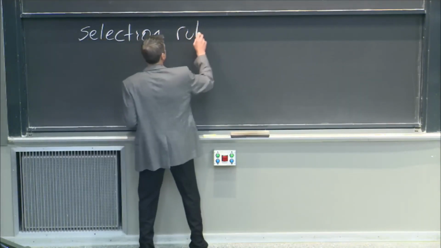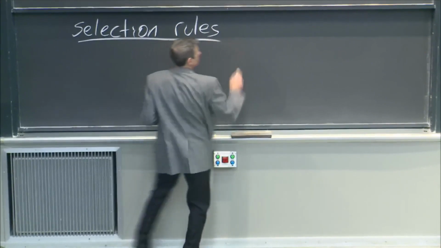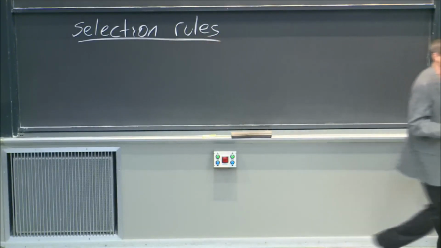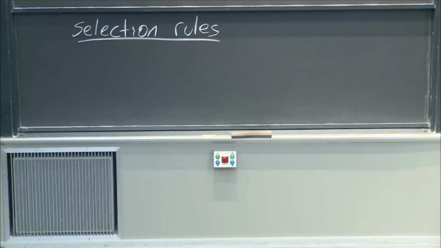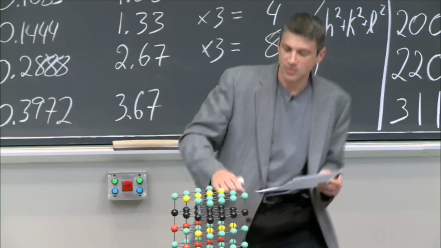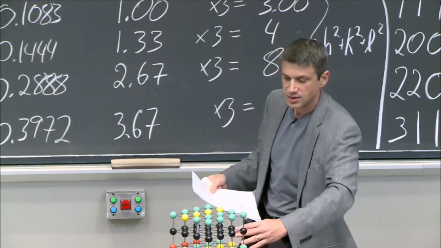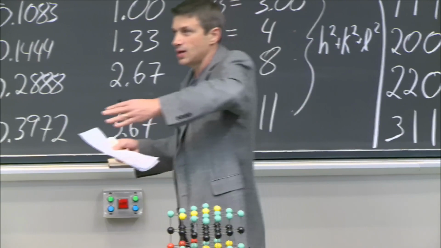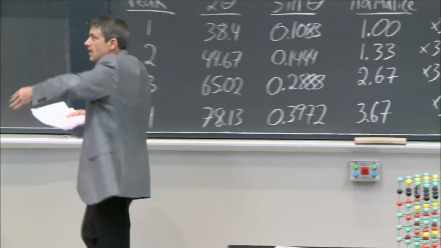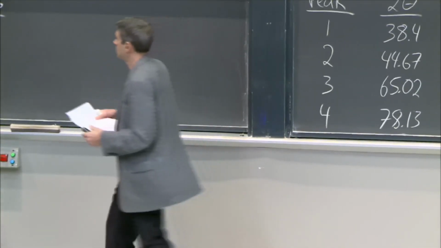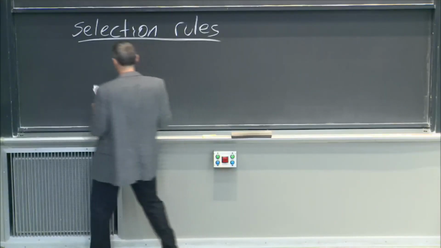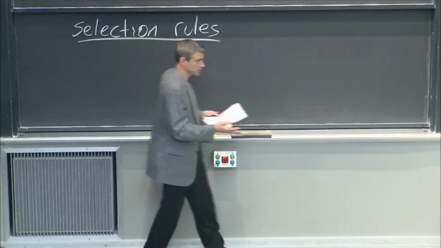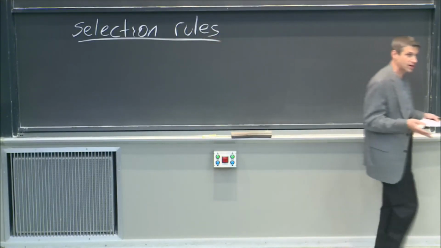I don't need you to know how to derive the selection rules, but I did talk about why they come about. Because for some of these cuts, you could have a plane in between that destroys the signal, depending on which crystal structure it is and which plane you're talking about.